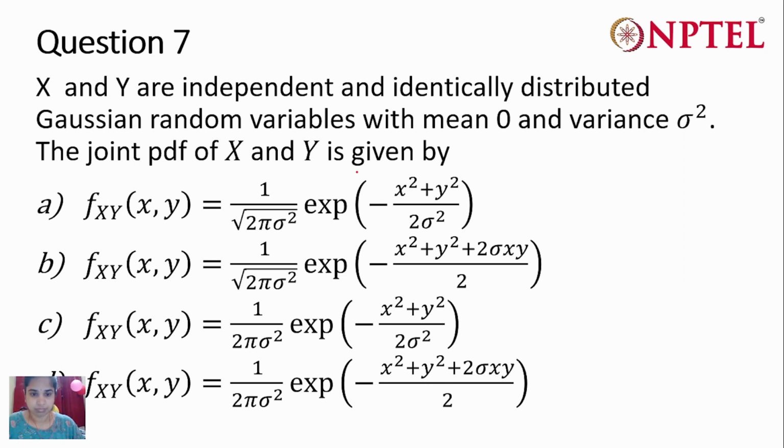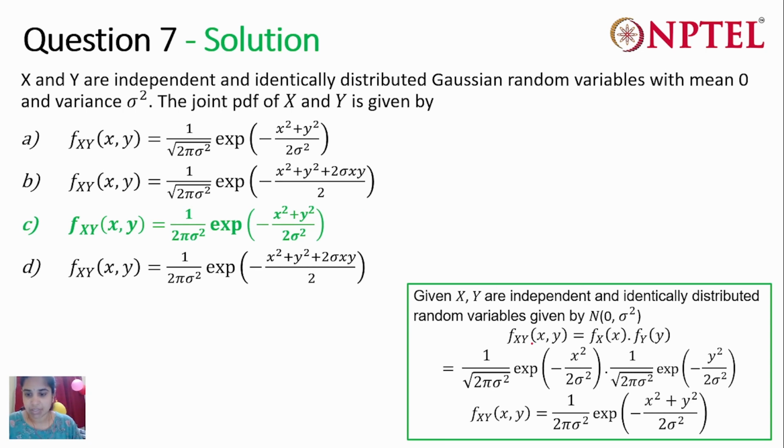It's C. Here, the joint PDF is going to be the product of the individual PDFs, since X and Y are IID. So 1 by square root of 2 pi sigma square into e power minus x square by 2 sigma square, into again 1 by root of 2 pi sigma square e power minus y square by 2 sigma square. So you get C.